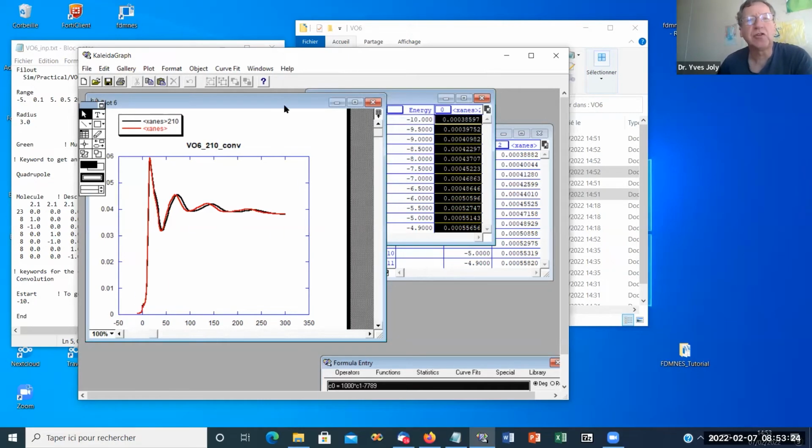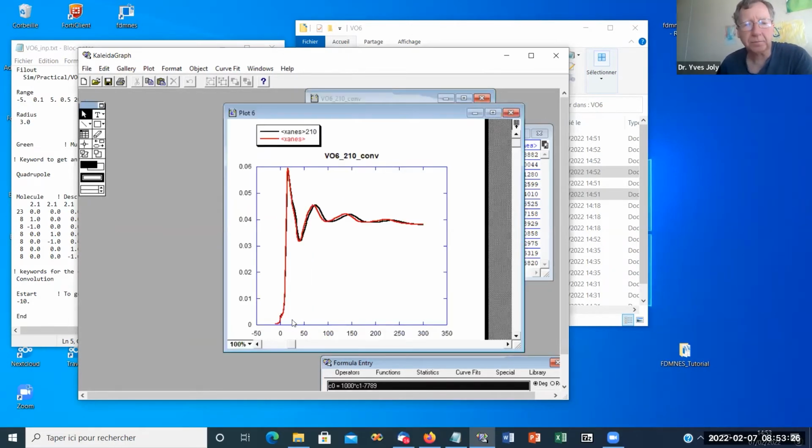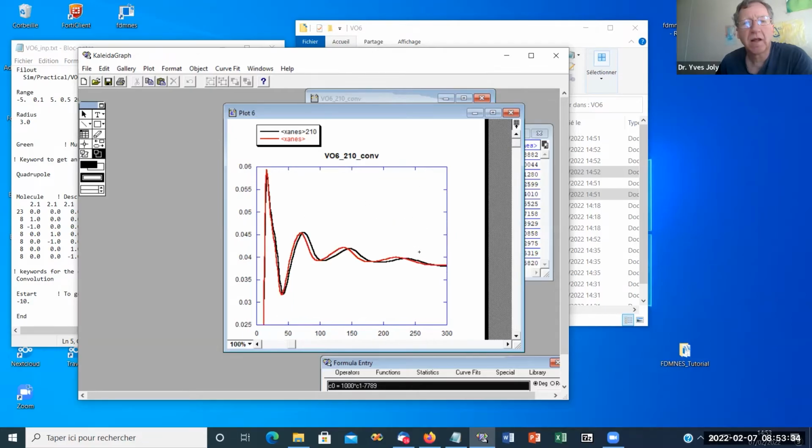So you can see they look rather similar, but here it's different. I zoom a bit. So it looks a bit shifted, but in fact, it's not a shift. It's like an expansion. You can see here it's nearly at the same energy. Here you have, I don't know, some eV, and here some more difference, and so on.